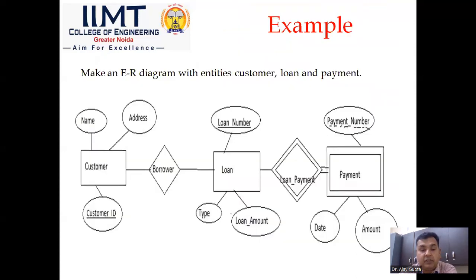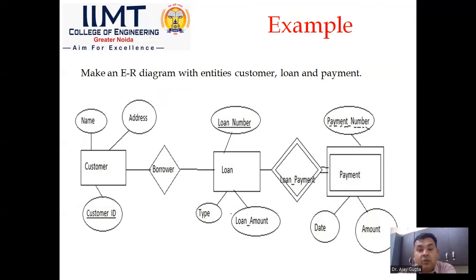In this diagram we are going to make 3 tables for 3 entity sets: customer, loan, and payment. And 2 tables are going to be made for relationship sets: one for borrow and one for loan payment.